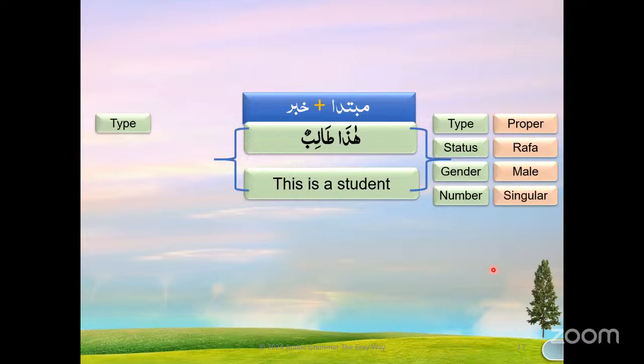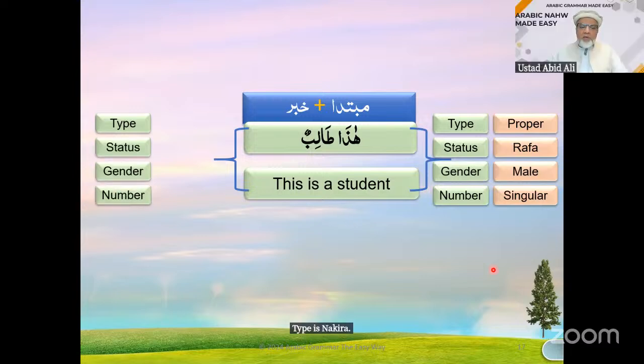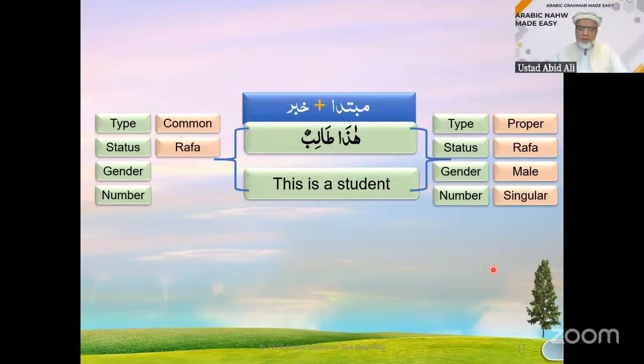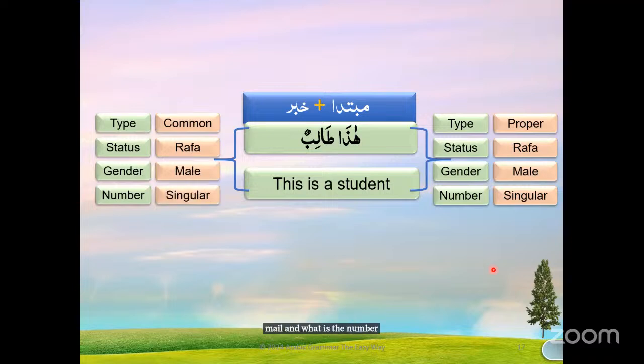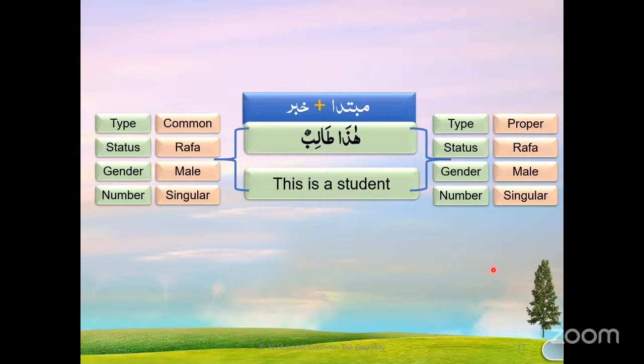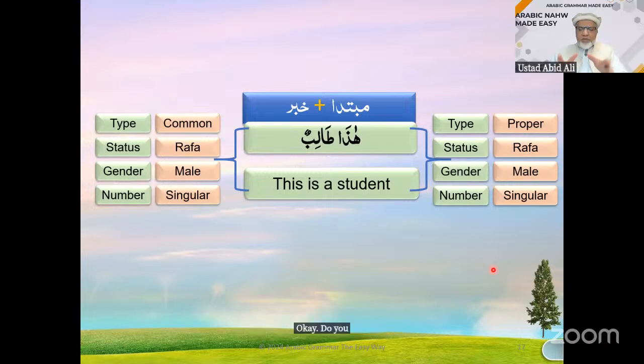Nakira. And what is the status? Rafa. And what is the gender? Male. And what is the number? Singular. Okay. Now, is this a sentence or a fragment? A sentence. Okay. Do you see the formula of the sentence matching up here?